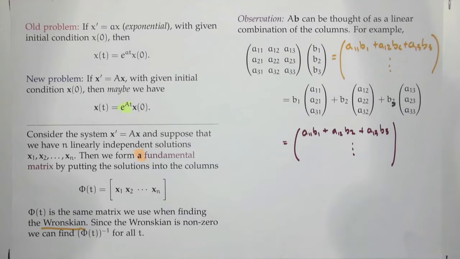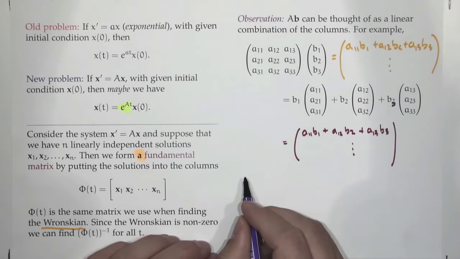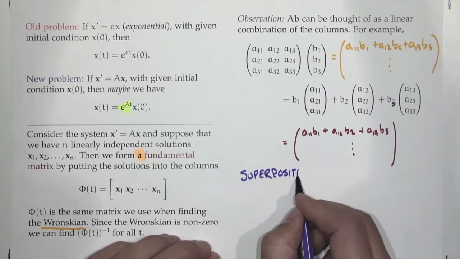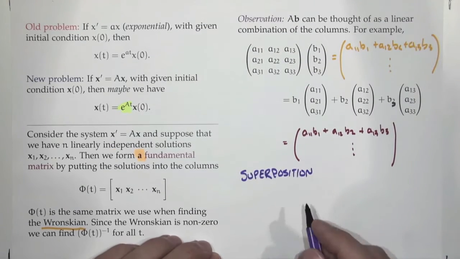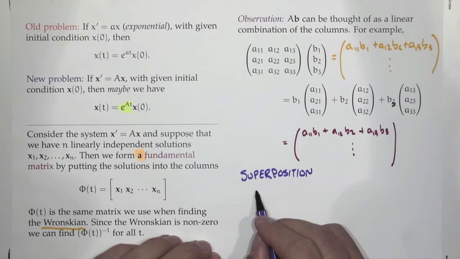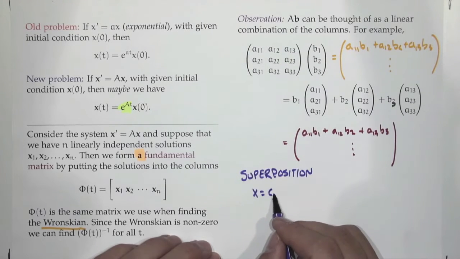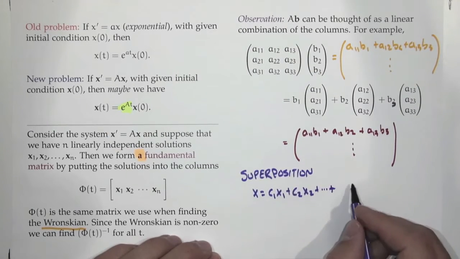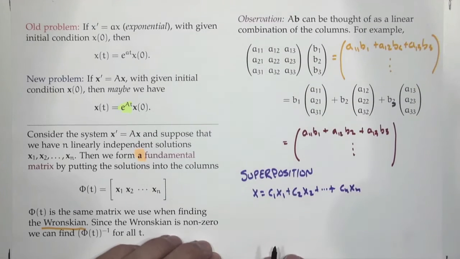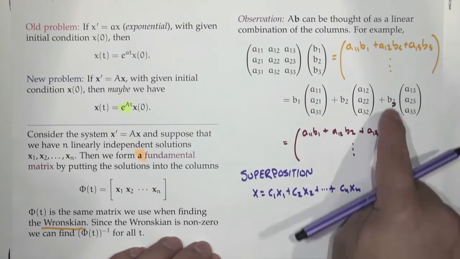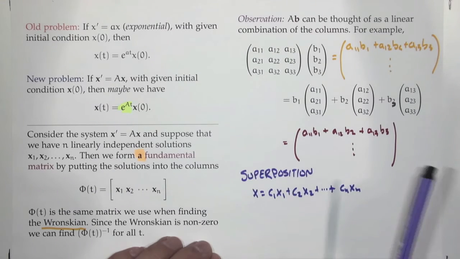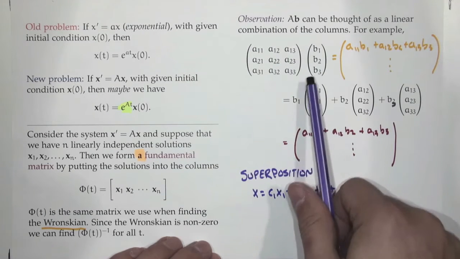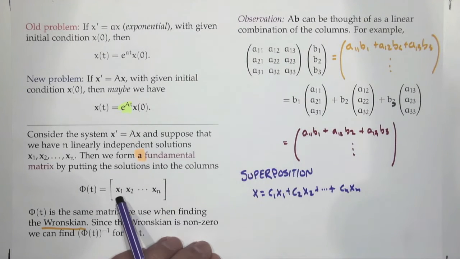Well, recall we have this really super idea, superposition. And that says, look, every solution that we care about looks like C1 X1 plus C2 X2 plus ... plus Cn Xn. Now if we combine this with the notion that taking a linear combination of the columns is the same as multiplying by a vector, then look at where my columns are.